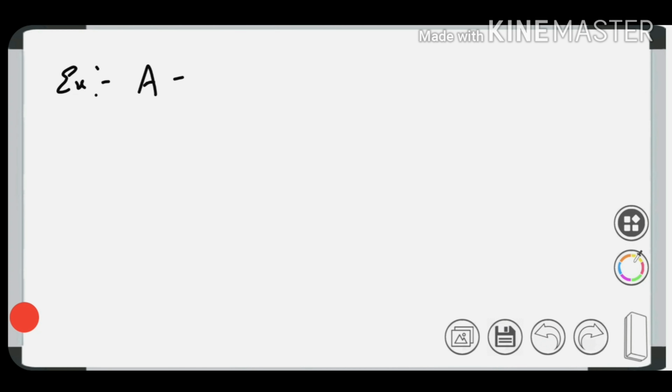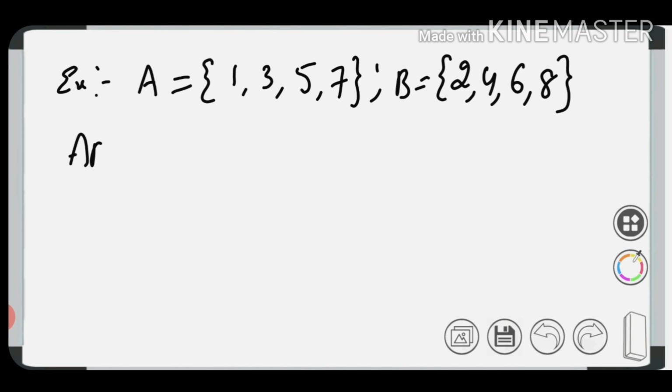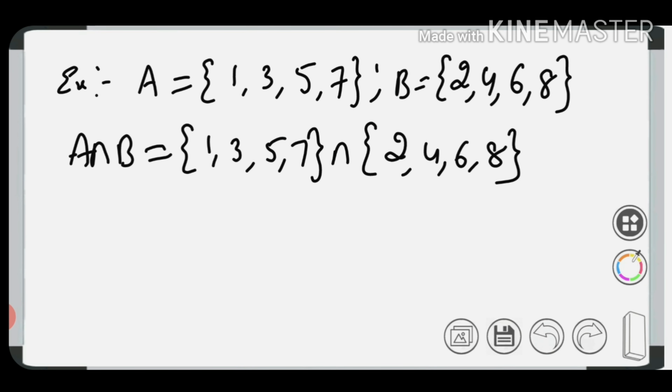For example, if you consider A is equal to {1, 3, 5, 7} and B is equal to {2, 4, 6, 8}, in this case if you observe, here A intersection B is equal to {1, 3, 5, 7} intersection {2, 4, 6, 8}, then there is no common element.